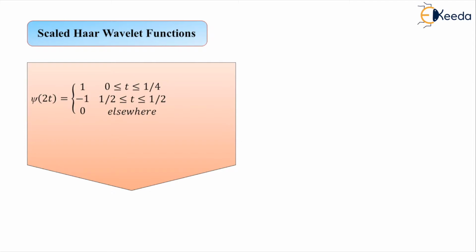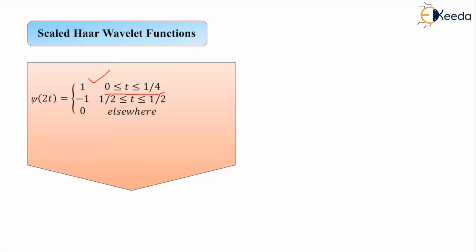If the integer power of 2 is equal to 1, instead of the original Haar Wavelet function psi of t, we get psi of 2t, that is 2 to the power 1 times t. Here you focus on the time interval. In the earlier case, for 0 to 1 by 2, it was the amplitude plus 1 for the original psi of t.